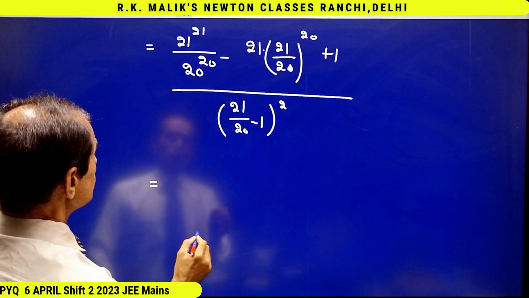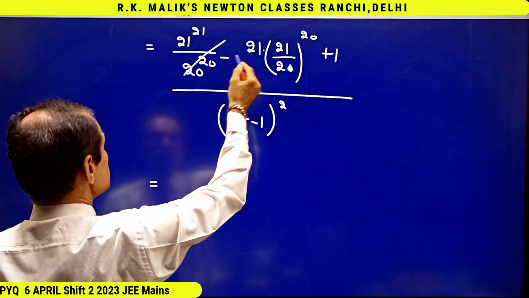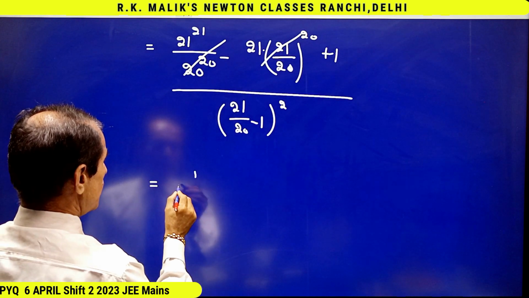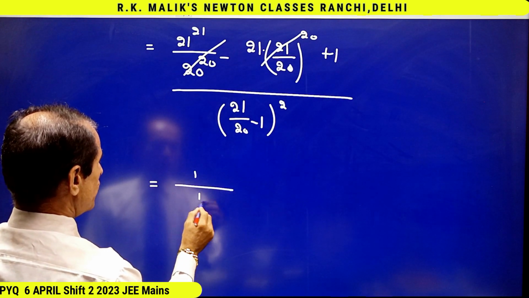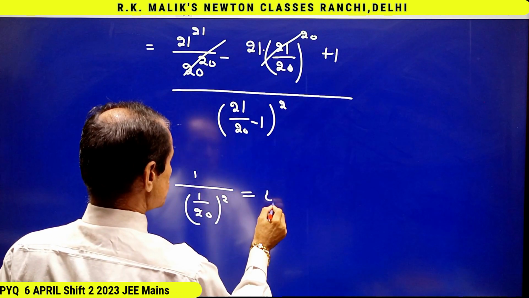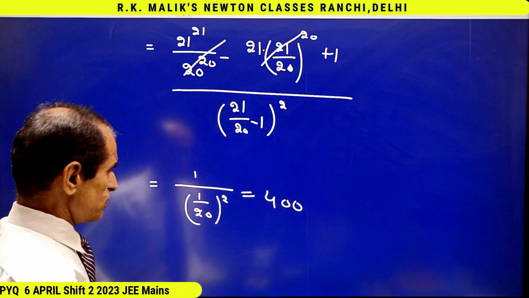This is equal to, and now this will get cancelled, I will get 1/(1/20)², that is 400.